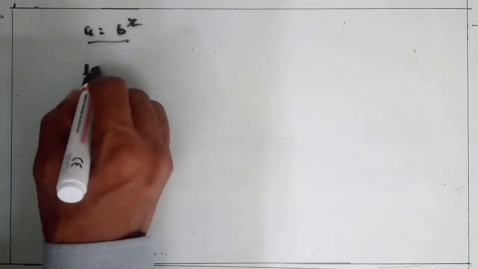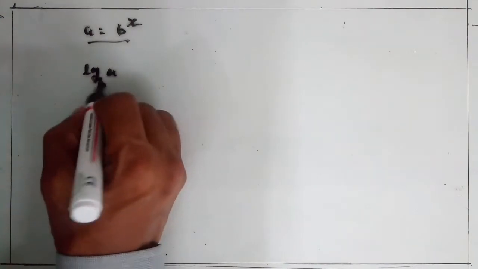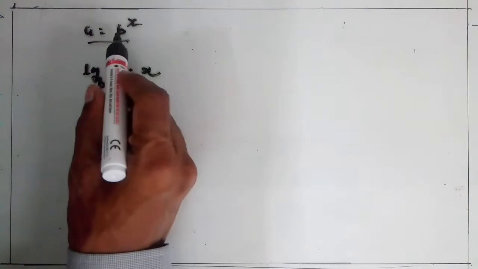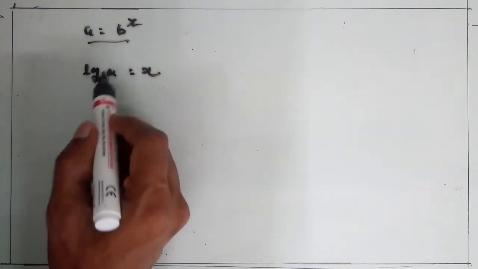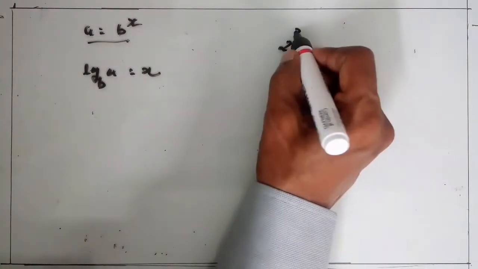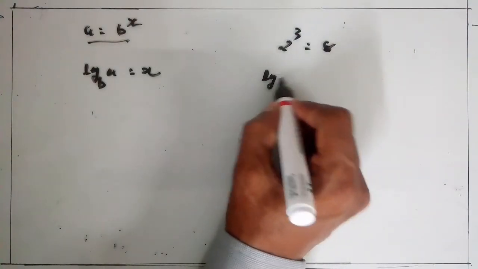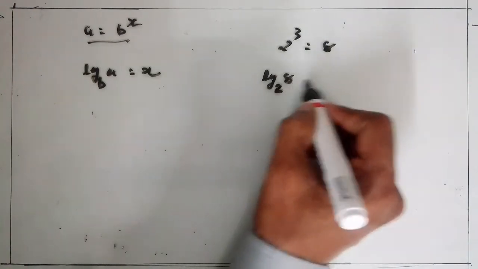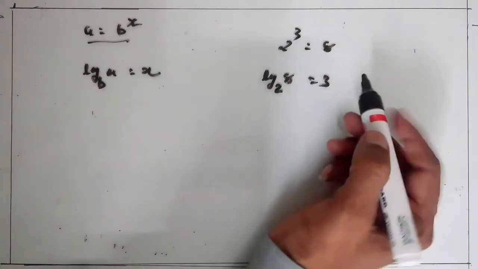So log a with base b is equal to x. If a = b^x, then log a base b is equal to x. Like 2^3 = 8, we know that. So log of 8 base 2 is equal to 3.